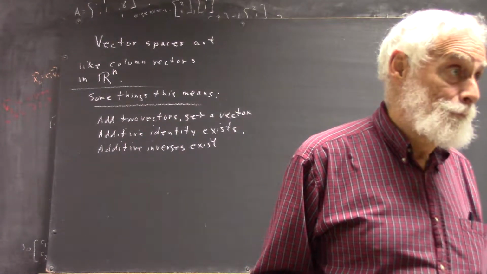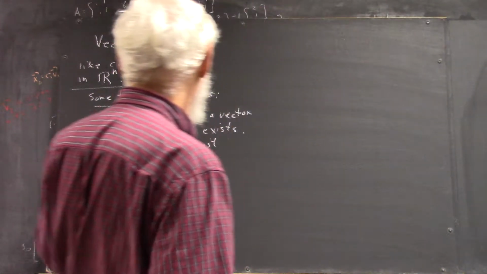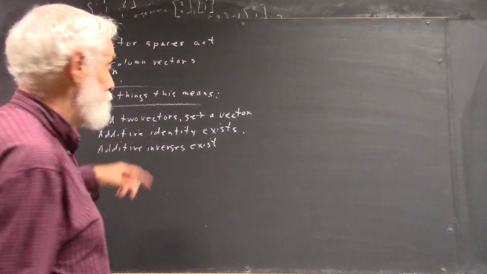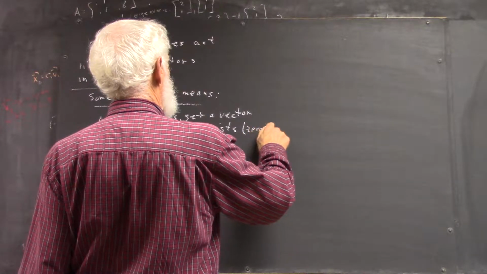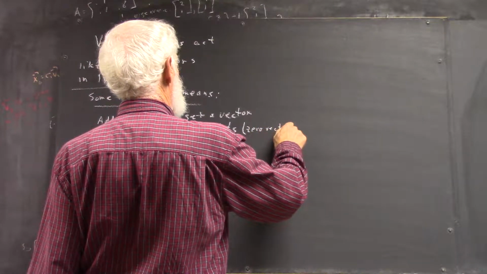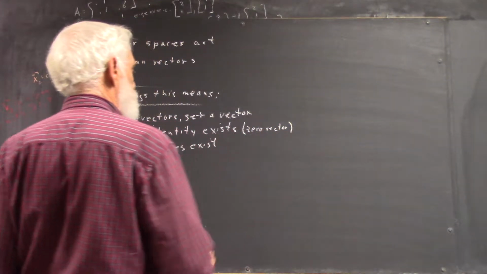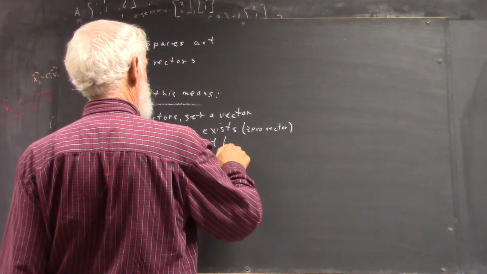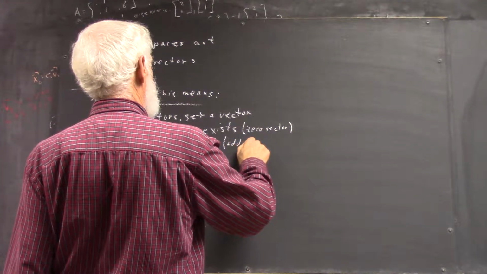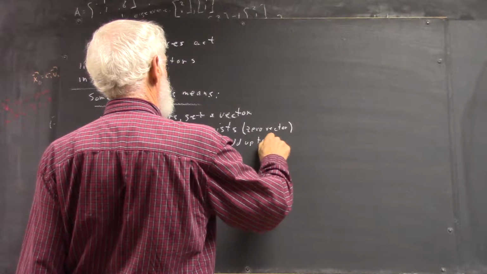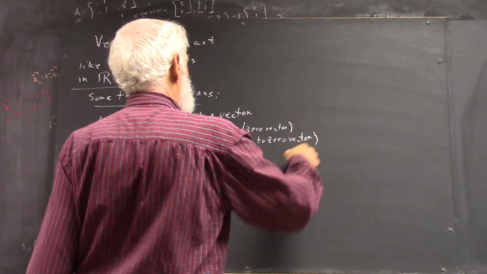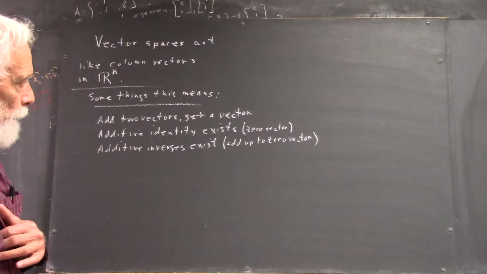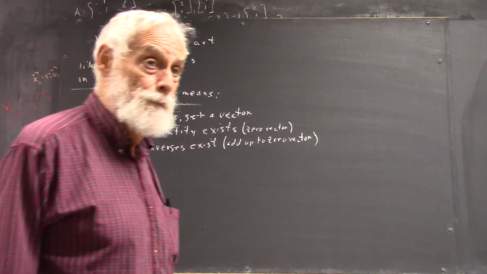Okay? The additive identity is your 0 vector. And additive inverses add up to the 0 vector, okay?